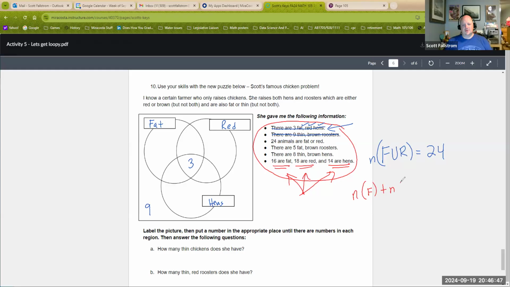The goal is to take the individual circles, fat and red, add them together, and say, I am double counting some stuff, and I have to take out what I'm double counting. And at the end, I'll get to the 24.